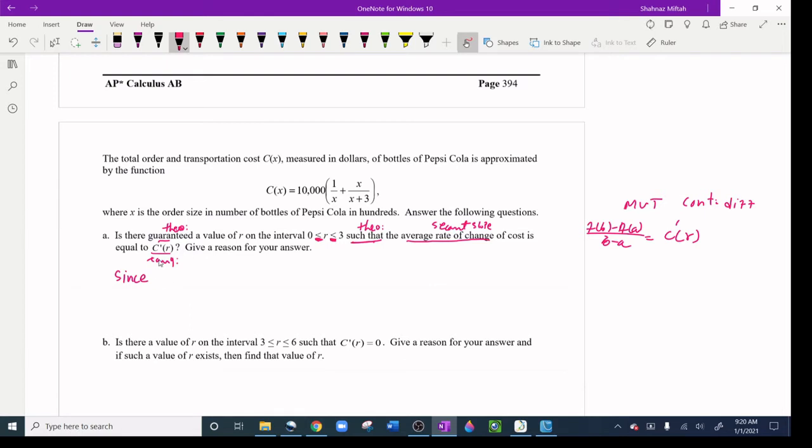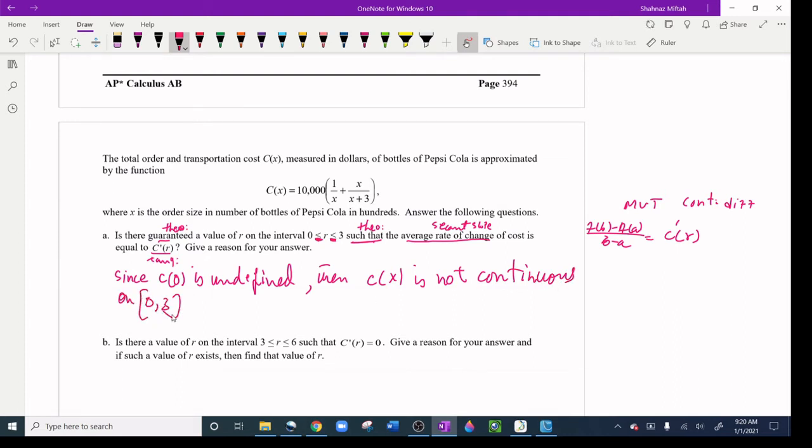So since C of 0 is undefined, when I plug in 0 in the C function, then C of x is not continuous on 0, 3, which is a closed interval.